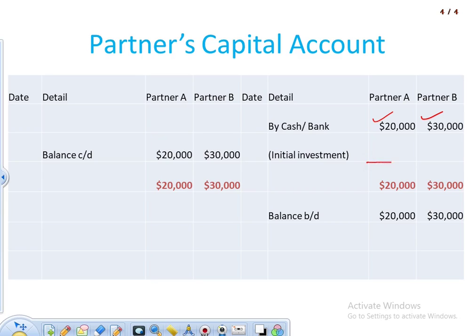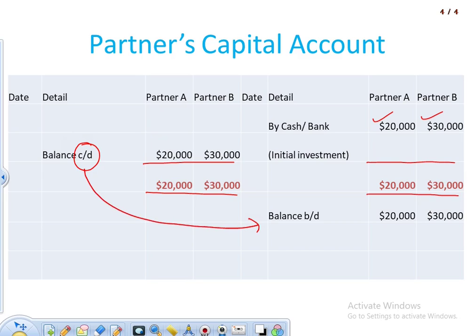At the end of the year, their total still remains 20,000 and 30,000. This figure is balanced with the help of balance c/d here, and the same amount will be carried forward as balance b/d for next year.